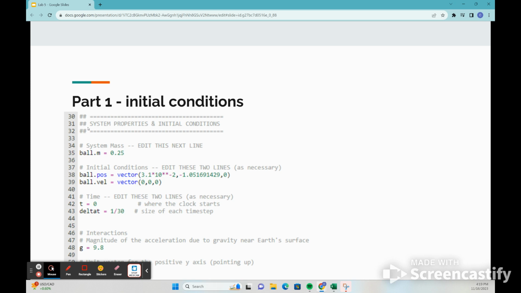The Slinky starts at rest, doesn't fall at all until it's dropped, and those are our initial x and y coordinates in meters. Gravity is obviously 9.8 as it always is, and the delta t is 1 divided by 30 because it was recorded at 30 frames per second.